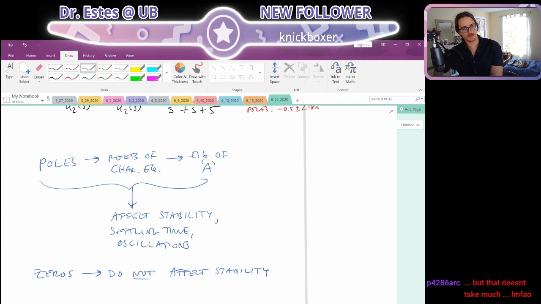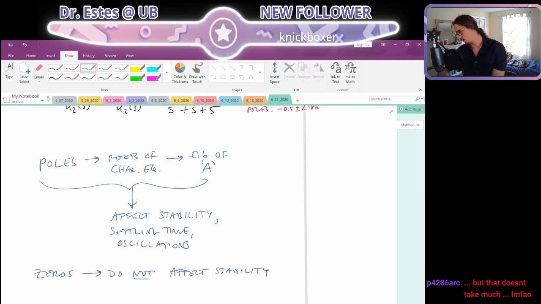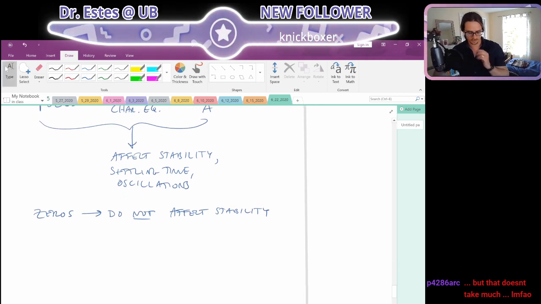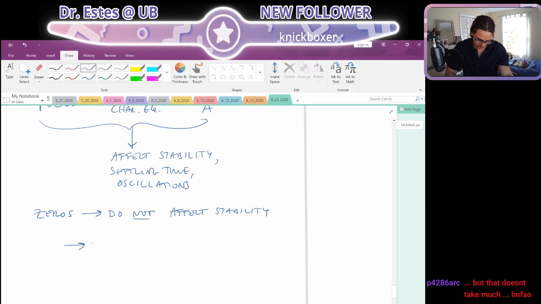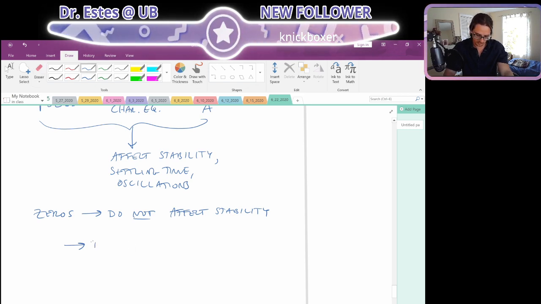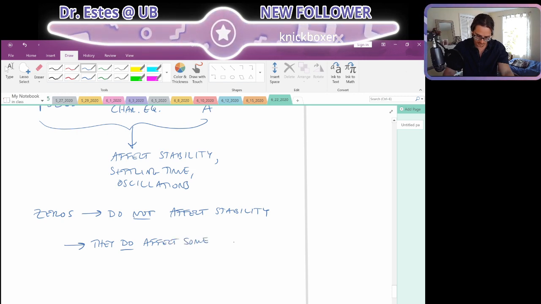So what do zeros do? They're kind of funny. They do different things. One thing that they do, well, okay, I'll say generally they do affect some transient dynamics.